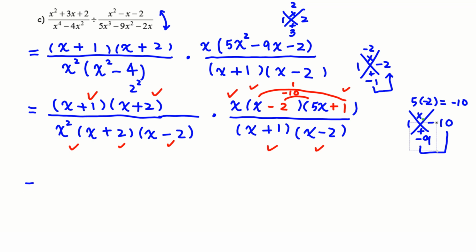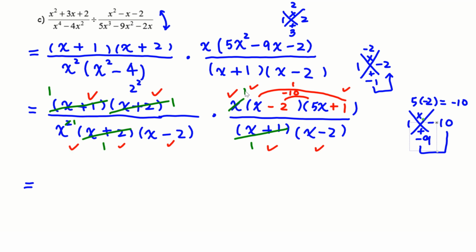Then we are going to cancel the factors out, cancel the same thing out. So x plus 1, the same bracket, cancels out to 1. x plus 2, they are the same, cancels out to 1. x and x squared, the degree takes away 1.